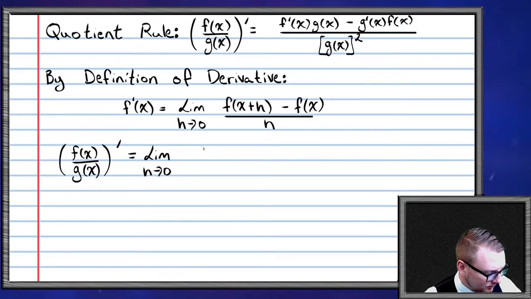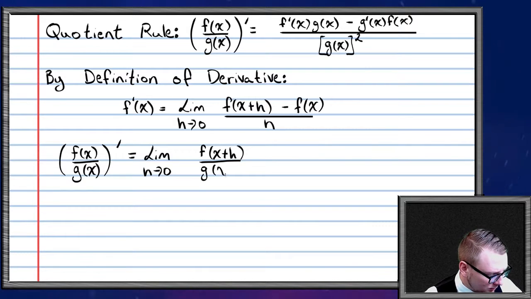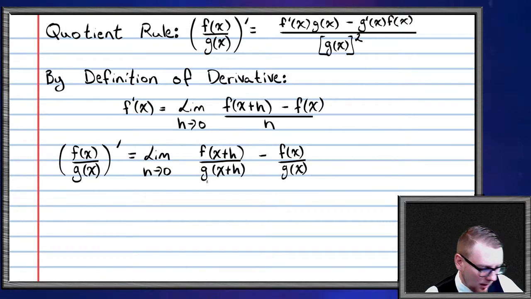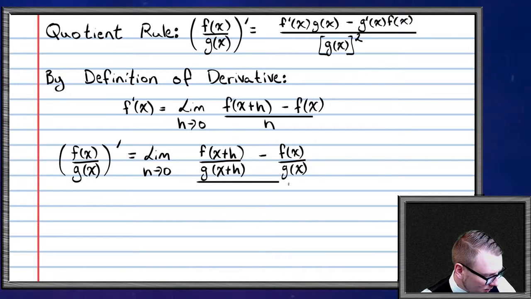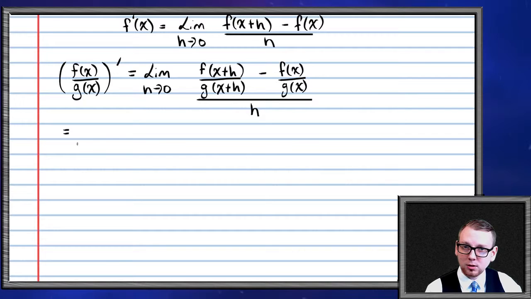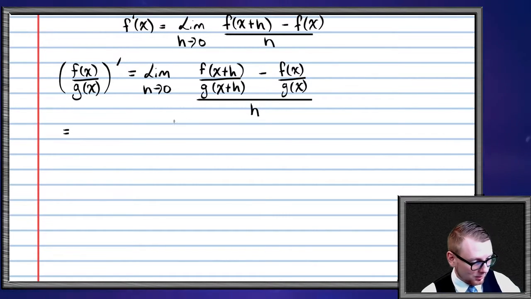We're going to have f of x plus h over g of x plus h, then minus f of x over g of x. And then remember, this whole thing is still all over h. Next step, we're just going to do a common denominator for the fractions in the top. So let's write it out.